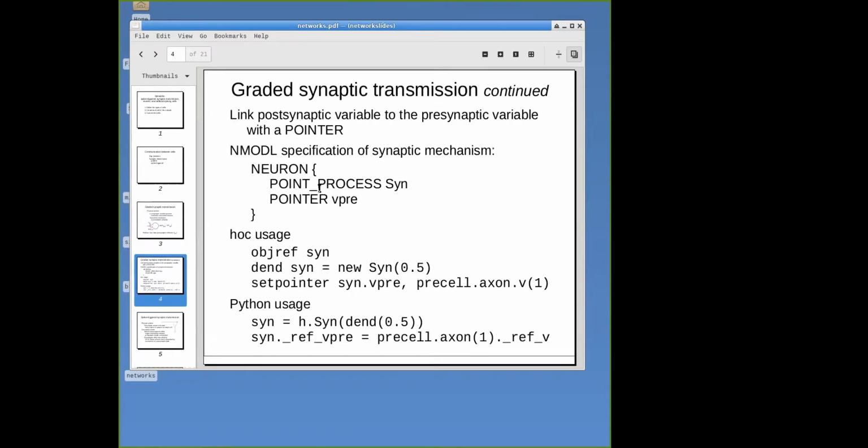And so how do we couple this pointer to the actual voltage in that presynaptic terminal? Well, in HOC, we would do this by using something called a set pointer statement. And the syntax for set pointer is here, where the mechanism that has the pointer variable that needs the presynaptic value is stated first, and then comma, and then the name of the actual variable that it needs to know the value of.